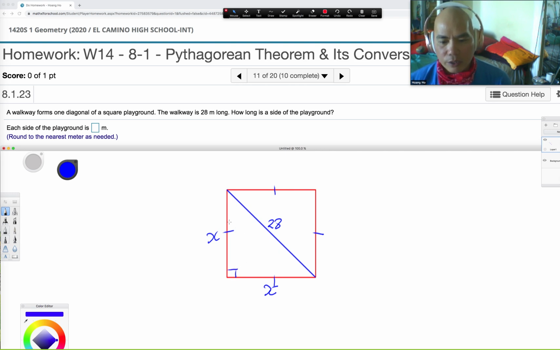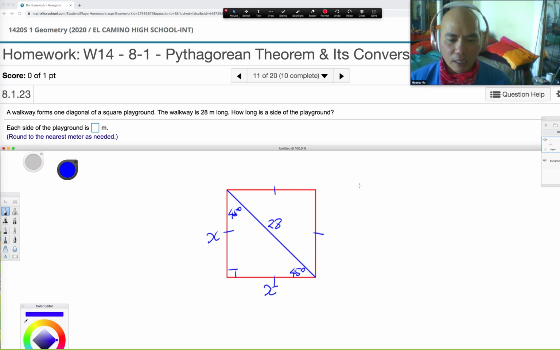The diagonal and the two sides of your square form a right triangle. And this is a special right triangle because the 2 legs are exactly the same, and each angle should be 45 degrees. Okay, 45 degrees. All right.